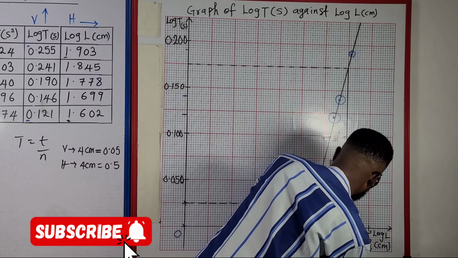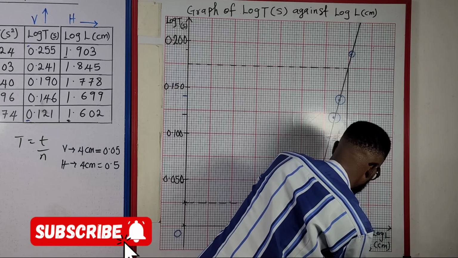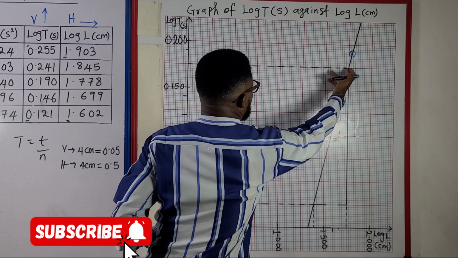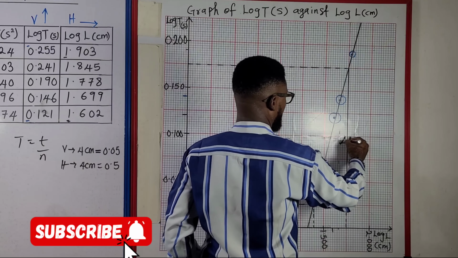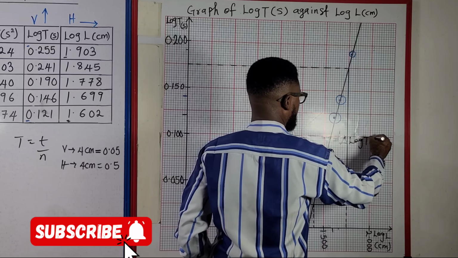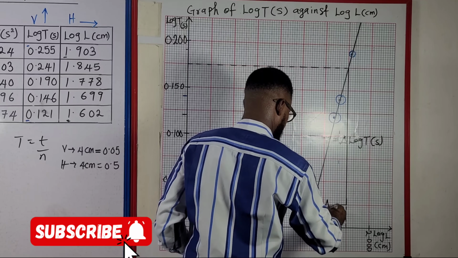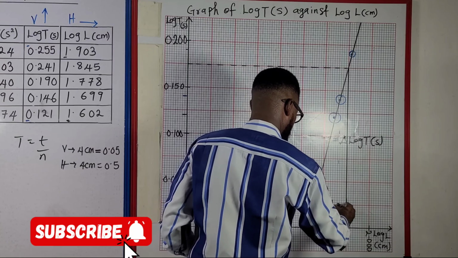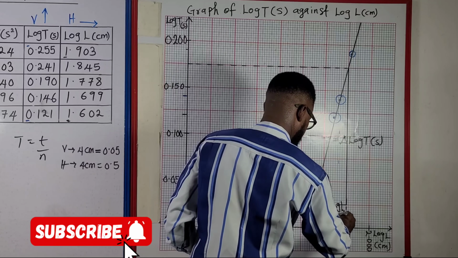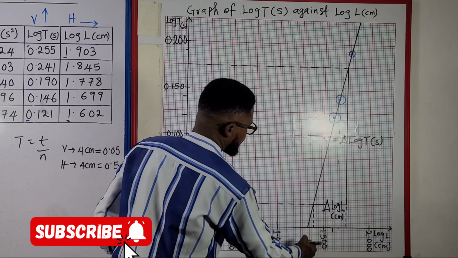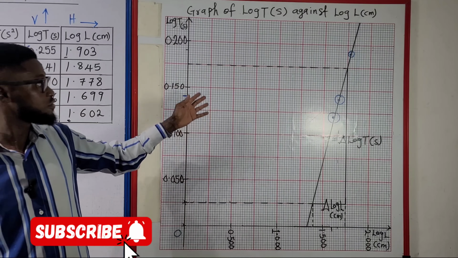And then this. So you take note of all of those points. You see here, what I have here is my change in log t in seconds, and what I have here is my change in log L in centimeter. So I'll be able to use these figures to get my slope.